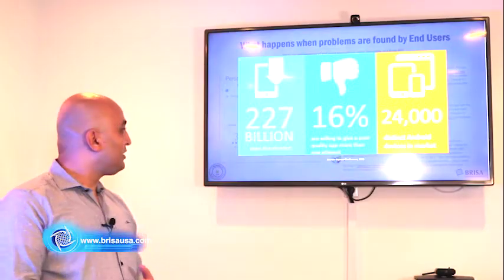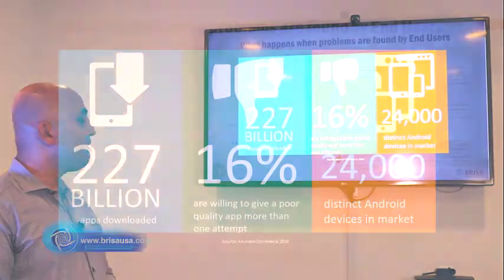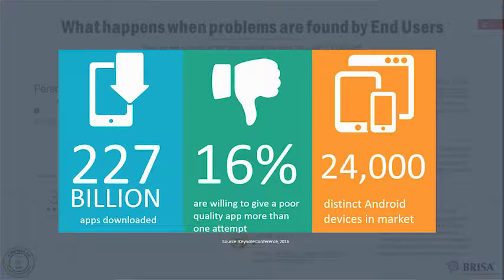In the last keynote conference, last year, 227 billion apps were downloaded. However, only 16% of the end users are willing to give a poor quality app more than one attempt. So this is what we see with Jenny. She's considering a new bank because the app is not working.